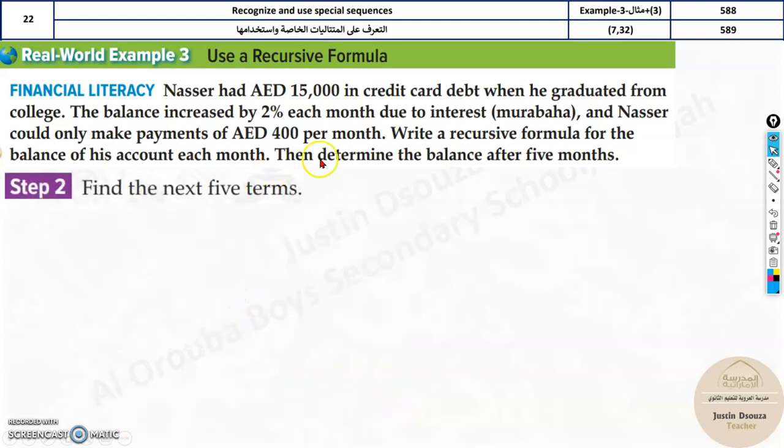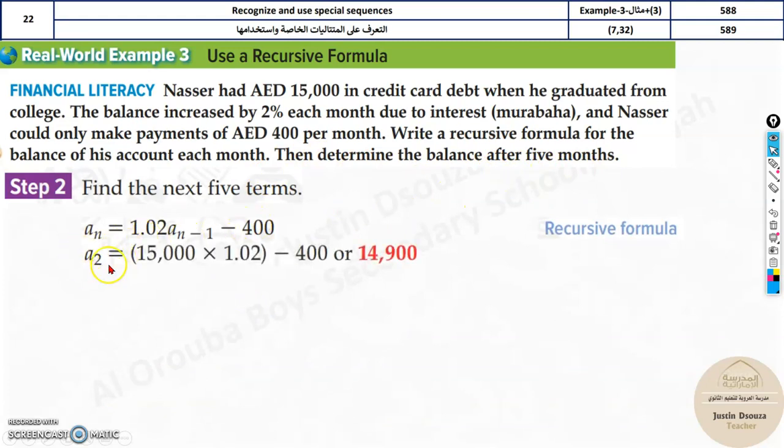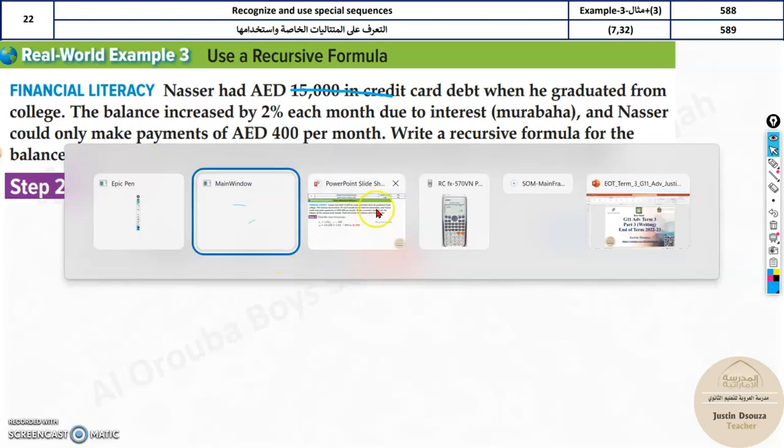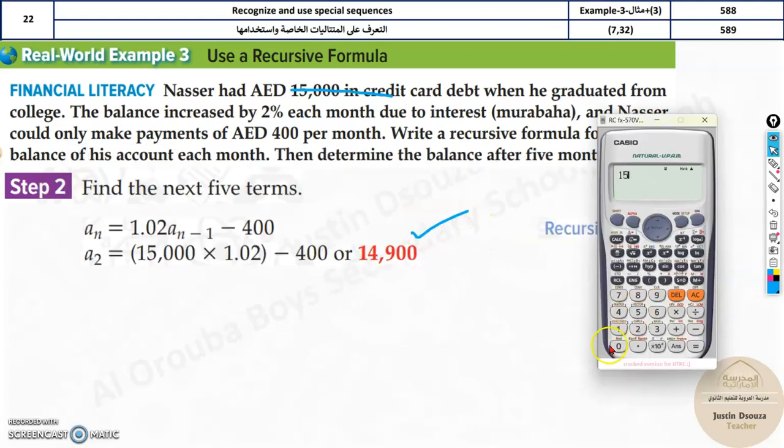So let's find the next 5 terms, because it's after 5 months. After the first month, this would be the result, 14,900. Why? Because it's 15,000 multiplied by 1.02, minus 400.